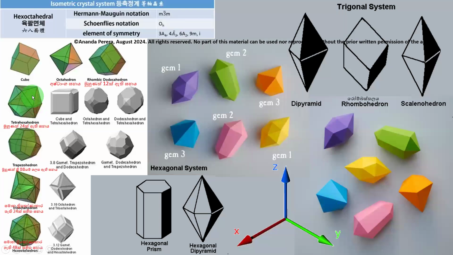Tetrahexahedron, there are 24 surfaces here. So the name is tetrahexahedron. Here also 24, cube and tetrahexahedron. Octahedron and tetrahexahedron. Dodecahedron and tetrahexahedron. See the shapes.